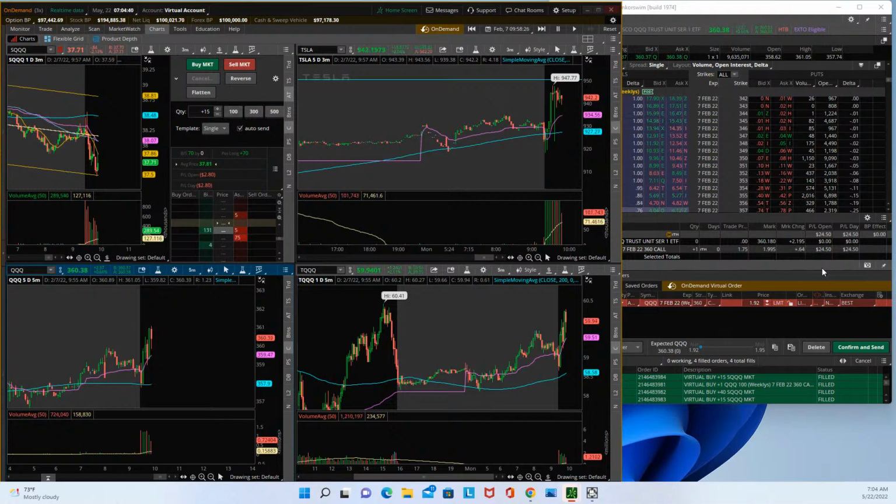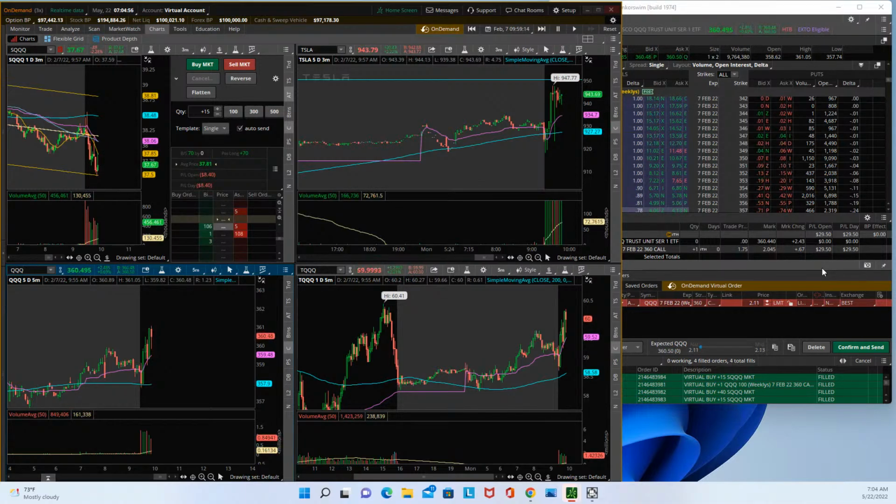We could add more calls, but because we have a cash account, sometimes that could get tricky. So we want to let it play out.